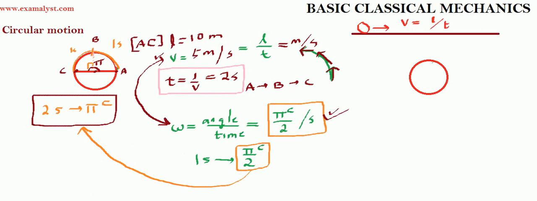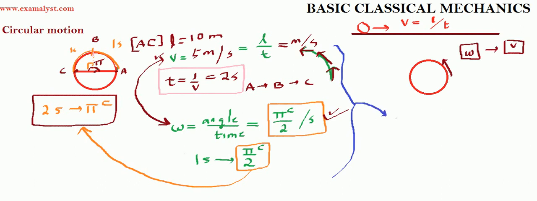It is better we define some new quantities with respect to a circle. So the first quantity we defined is the angular velocity omega, that is the amount of angle covered per second. Agreed? Now let us try to understand the relation between omega and the linear velocity v from our example. Let us do some calculation based on what we have learned.